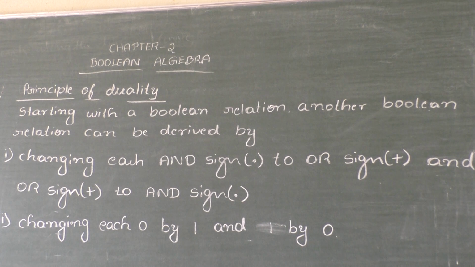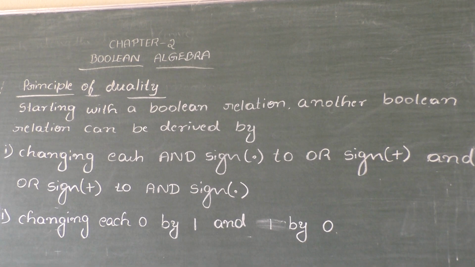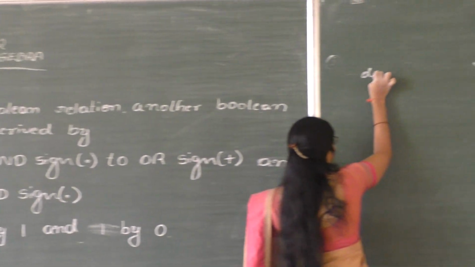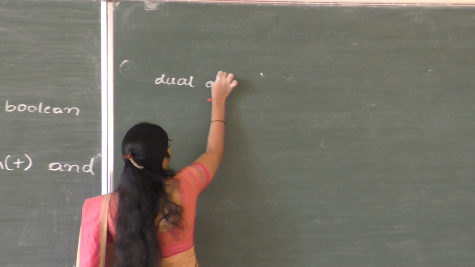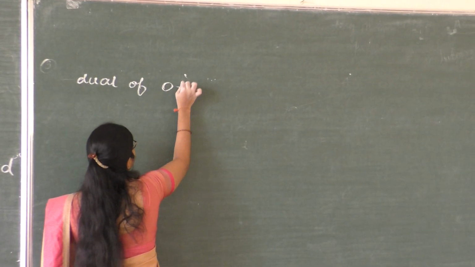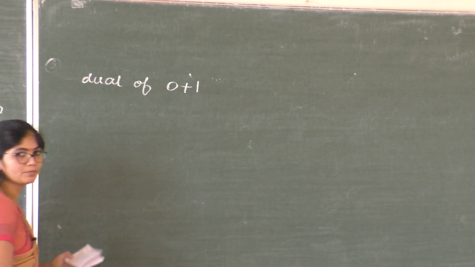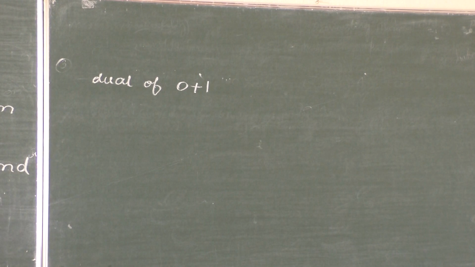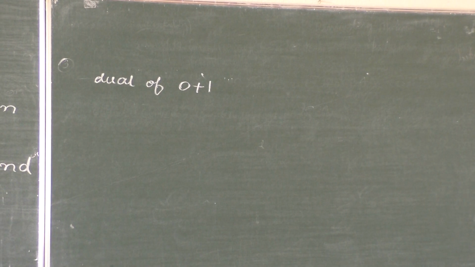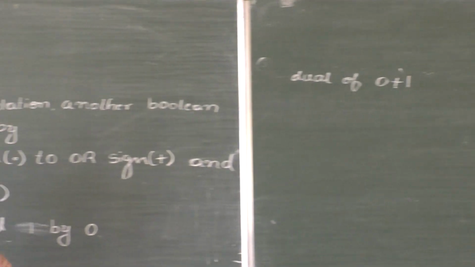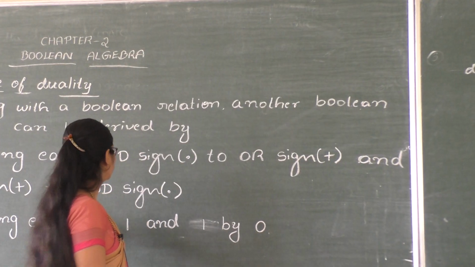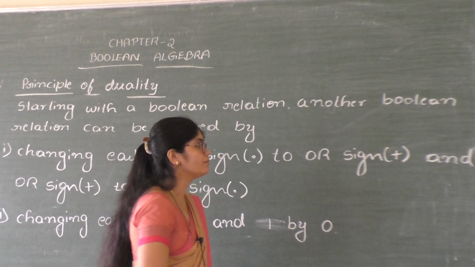We shall find out the dual of the given expressions. For example, dual of 0 plus 1. How to find out dual of 0 plus 1? According to the principle of duality, change each AND sign to OR sign, OR sign to AND sign, and changing each 0 by 1 and 1 by 0.